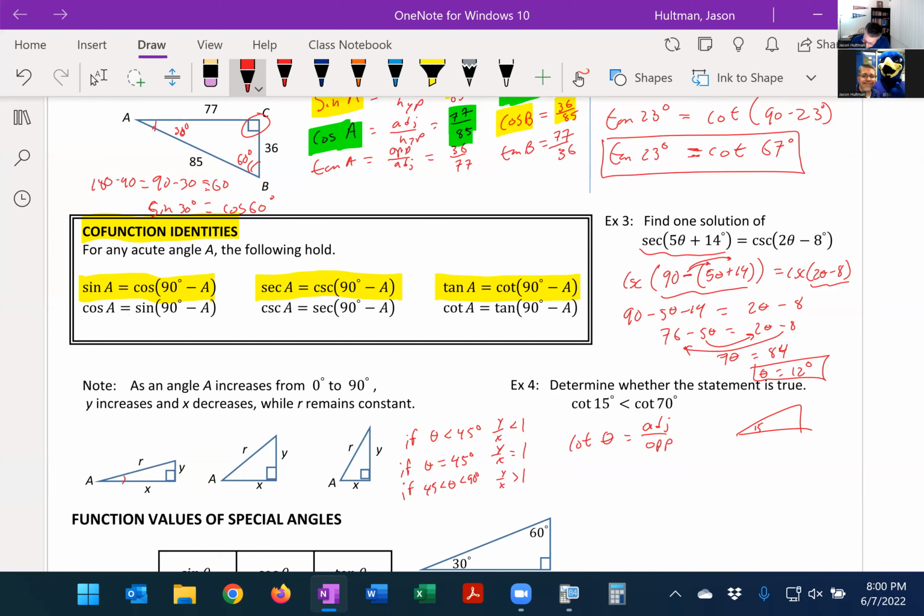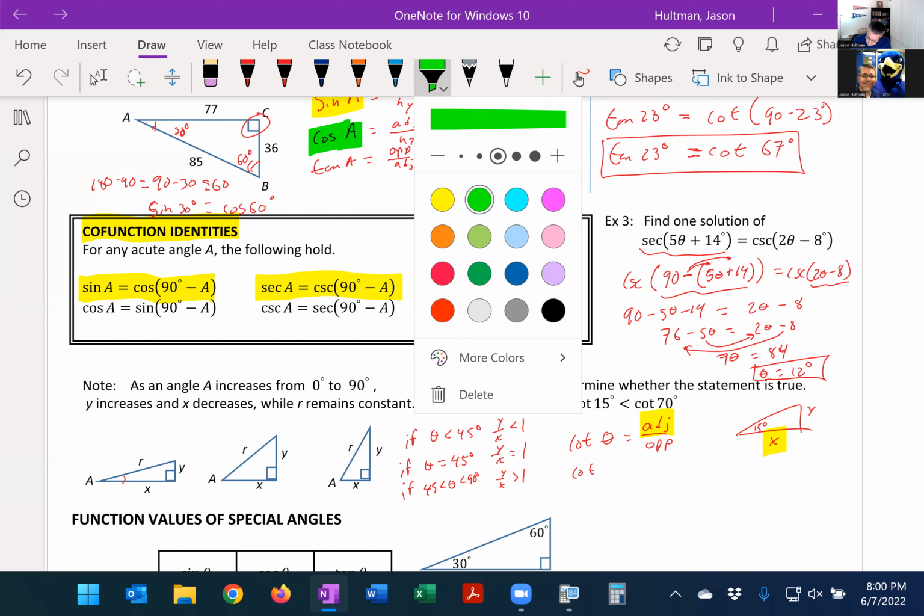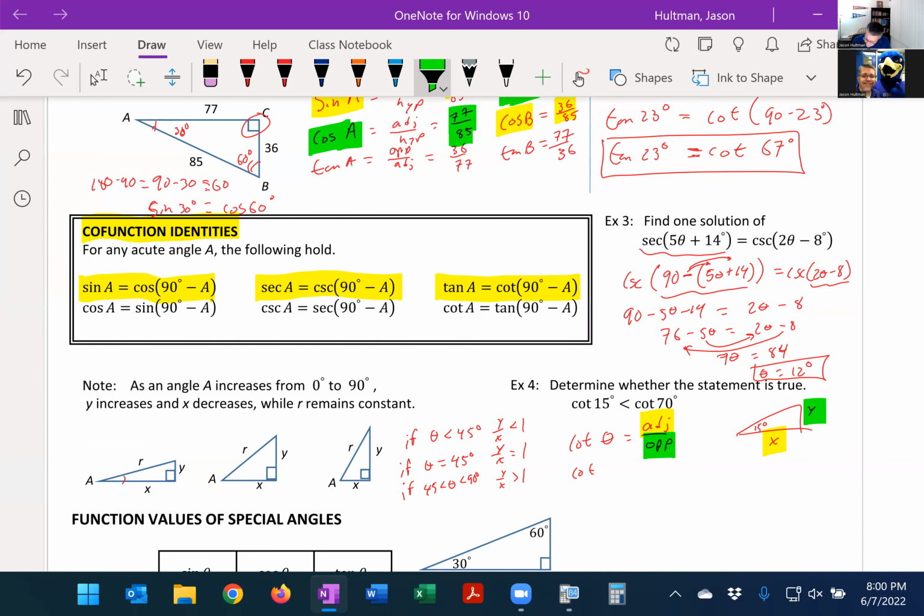If I look at a 15-degree triangle, y is going to be much smaller than x. For cotangent, the adjacent side is x and the opposite side is y, so we want x over y.